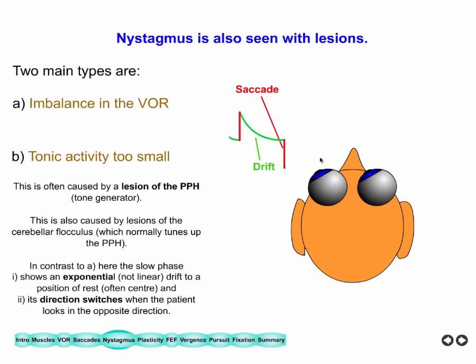But again, it produces something that looks like nystagmus, but it's different in that it has this exponential shape. It's not continuous as we saw before, but sort of starting out fast and going slow, more and more slowly. And then it switches directions. If you look one direction, it comes back to here. If you do the other direction, it still comes back to center.